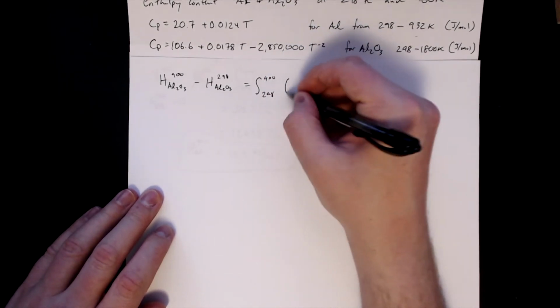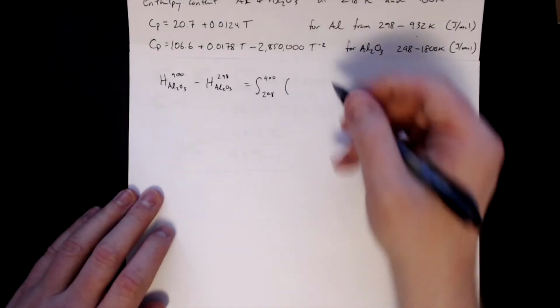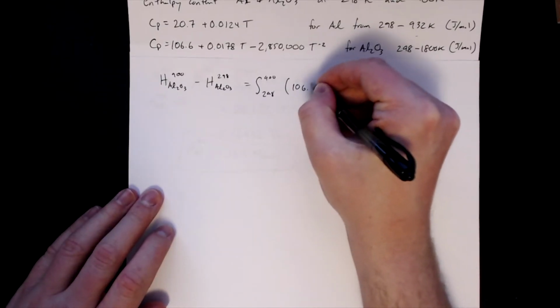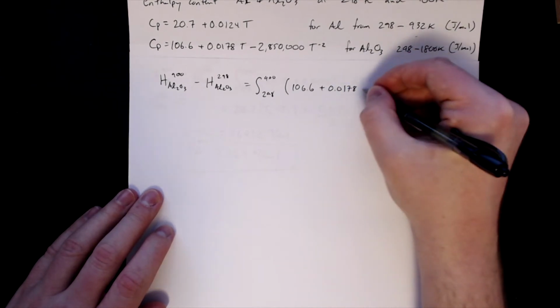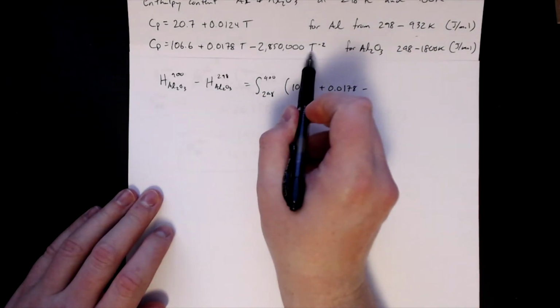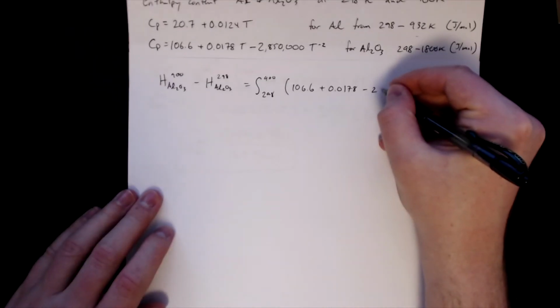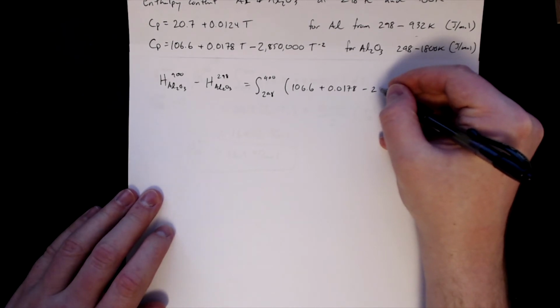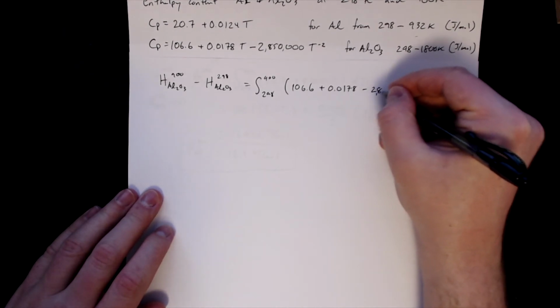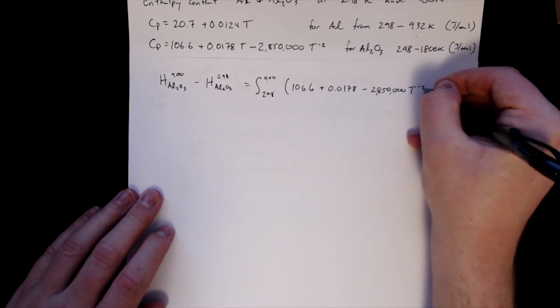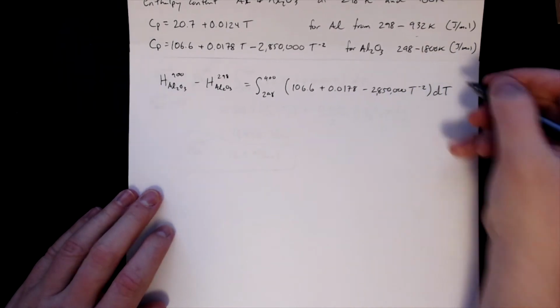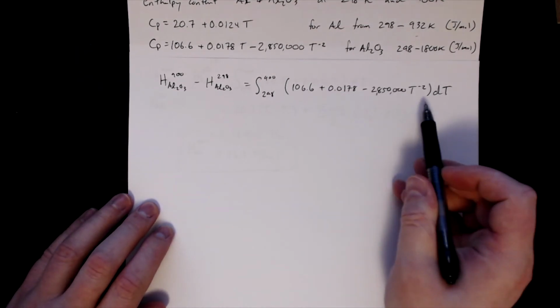Again, I can sub in the version up here. And in this one, we see that we have an additional term of T to the minus 2. And this is with respect to temperature.